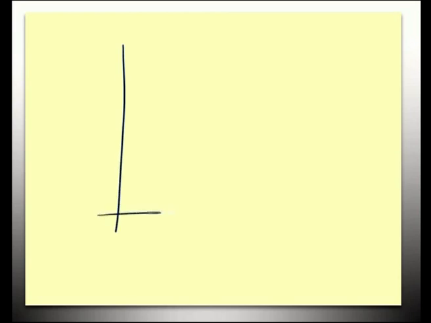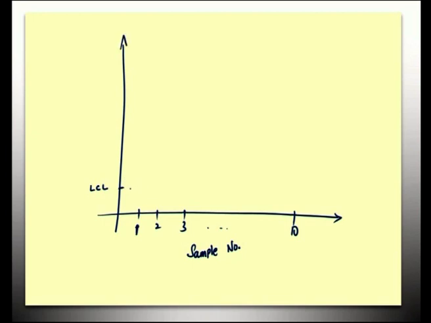So, this is how the graph is drawn. First of all, draw an x axis. Here the sample number or the subgroup number is plotted as 1, 2, 3 etc. up to 10. The values obtained are plotted on the y axis, and LCL represents the lower control limit.